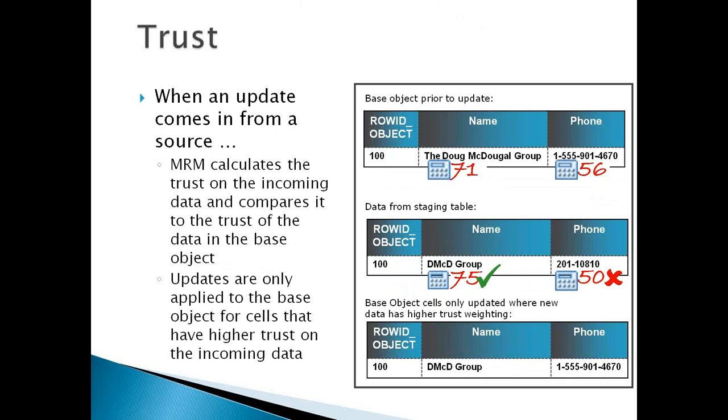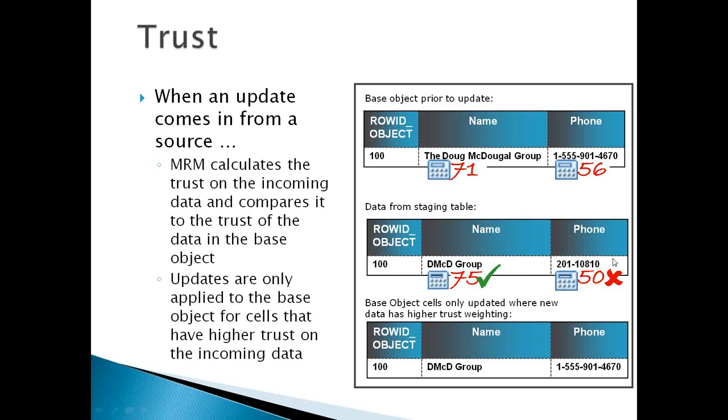So where will the phone number be? This phone number, or these updates, will be in the cross-reference table. Whenever an update comes in, MDM always updates the cross-reference table. I have row ID object 100, and in the cross-reference also I have row ID object 100.